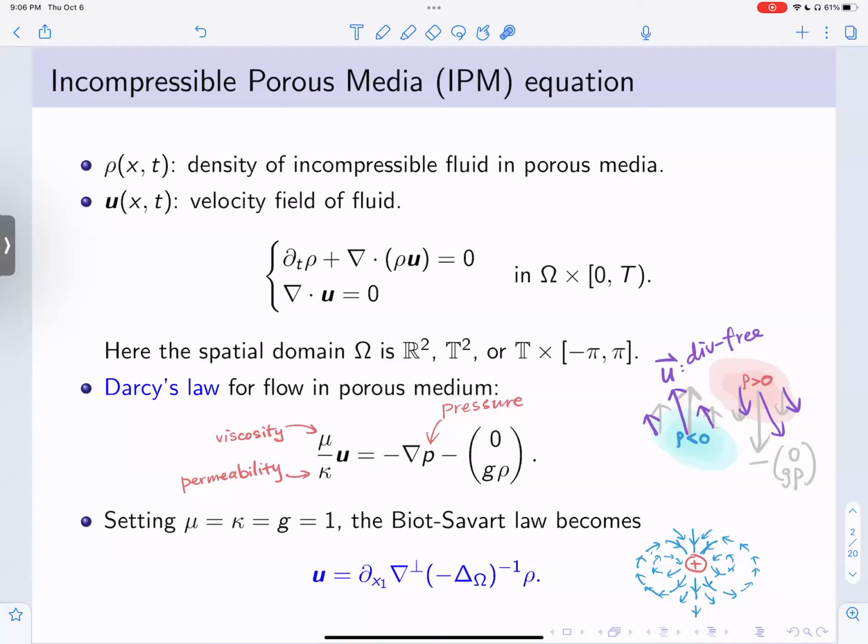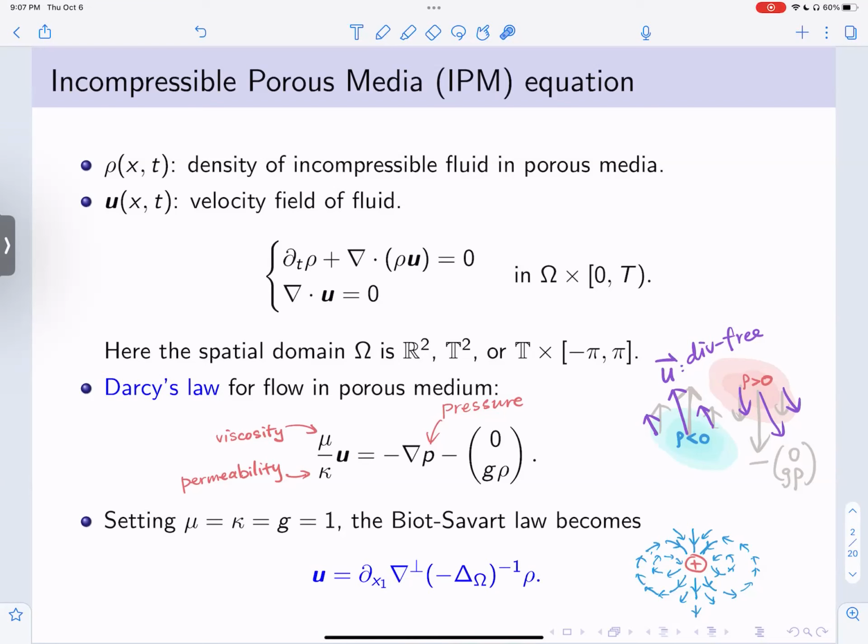If you do that short computation, one will see that once the density rho is given at each moment, the velocity field u is determined by that density. Their relationship is called the Biot-Savart law.